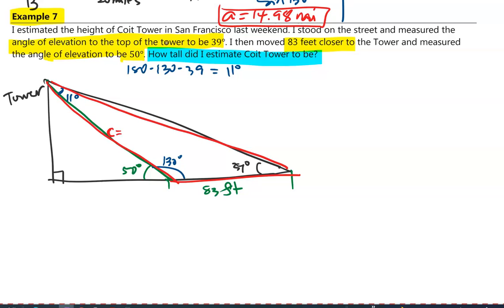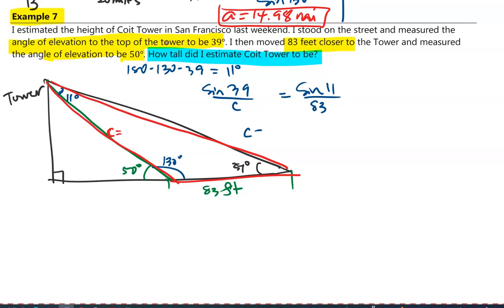So let's say side C, using law of sines. So sine of 39 over side C is equal to sine of 11 over the opposite, which is 83 feet.